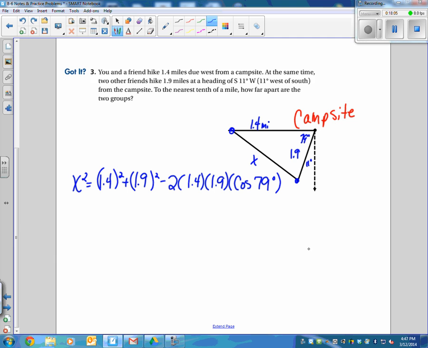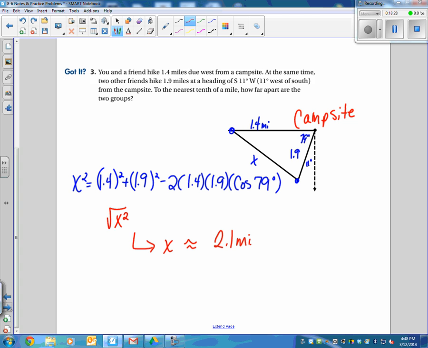Okay, so once you punch that in, you should get that the value of x is going to be 2.1 miles. Okay, don't forget once you punch all of this in that you're still going to have to square root x squared before you get the value of x.